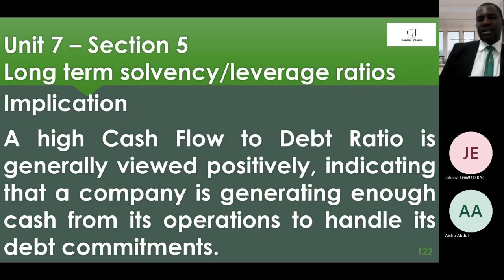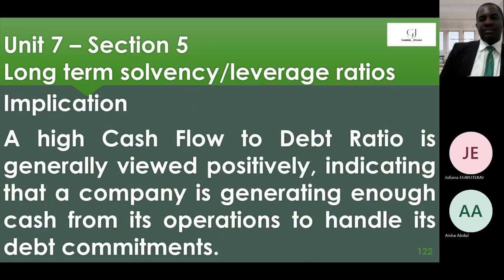And what's the implication? A high cash flow to debt ratio is generally viewed positively, indicating that the company is generating enough cash from its operations to handle its debt commitments. I think banks and some other investment companies that deal more with cash will have this ratio positive, but not companies that don't really deal with cash from operations. I doubt if they will be able to have this ratio favorable.